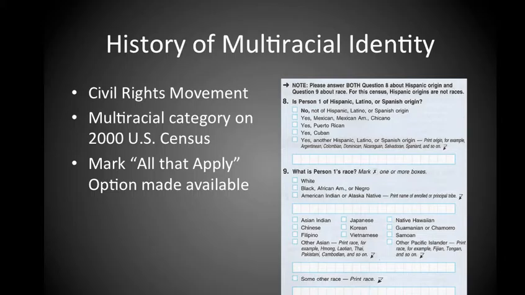Multiracial advocates argue that multiracial people have experiences that monoracial people may never have, and because of their identities should be validated by having a category that signifies this.